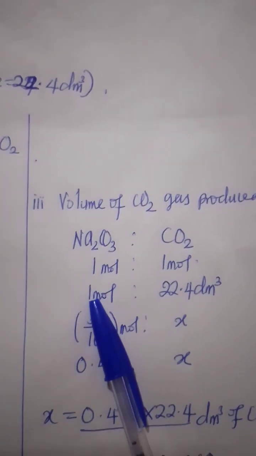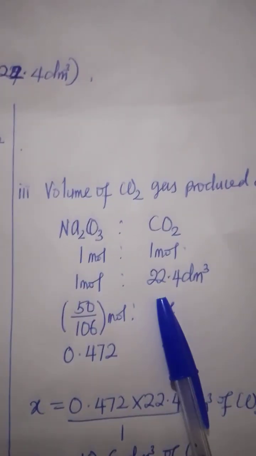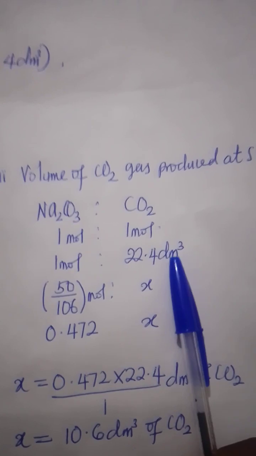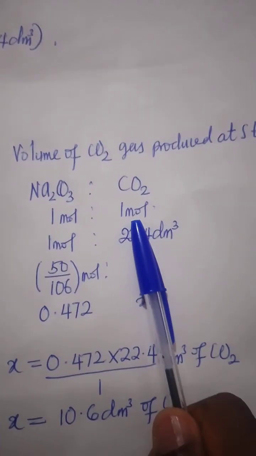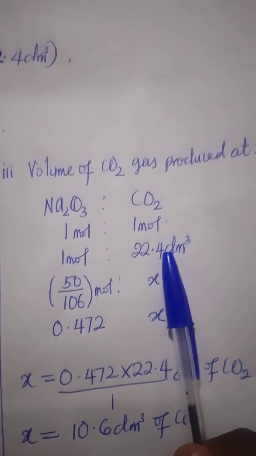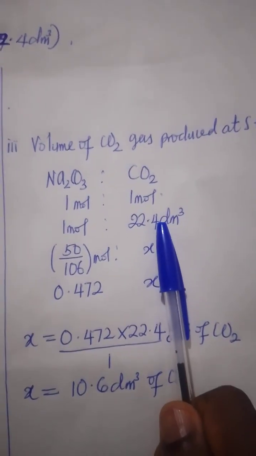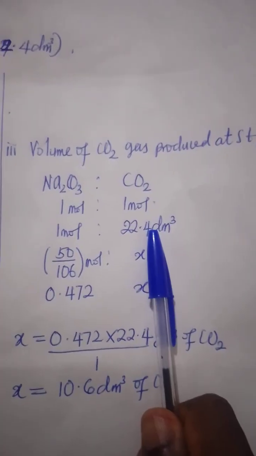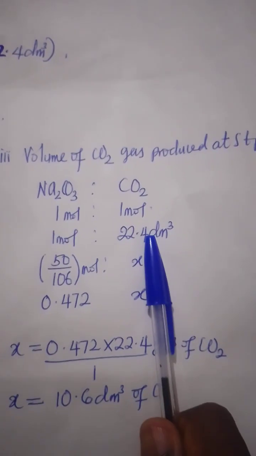1 mole of Na2CO3 will produce 22.4 dm cube of CO2 gas. In other words, we have converted mole to volume. Don't forget the relationship between mole and volume. When you come to gases at STP, 1 mole of a gas occupies 22.4 dm cube.